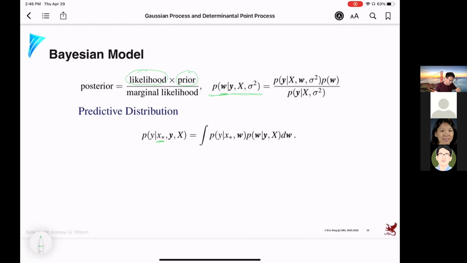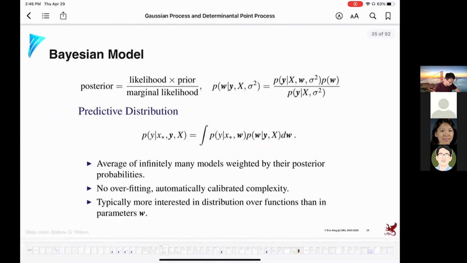I can still plug in this X star, but I'm going to integrate over all possible posterior distributions of my W to come up with my prediction, right? That's the Bayesian approach.